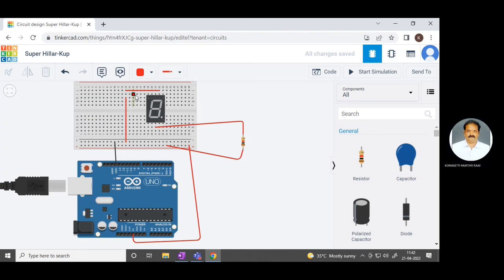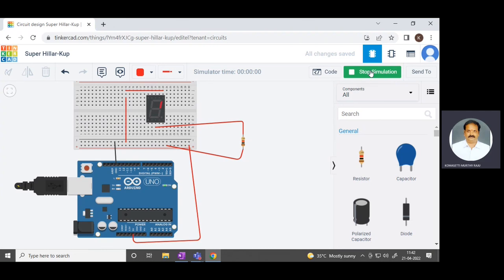Suppose instead of A, B is connected to ground. This is the B point. Simulate this one. Second, this is the D line that is on.